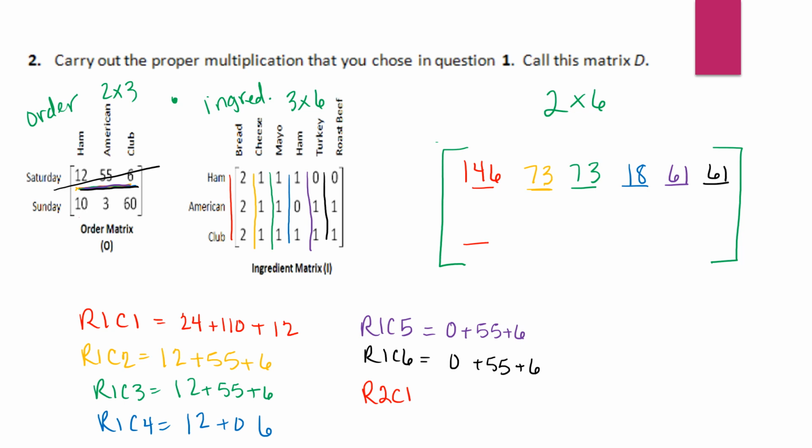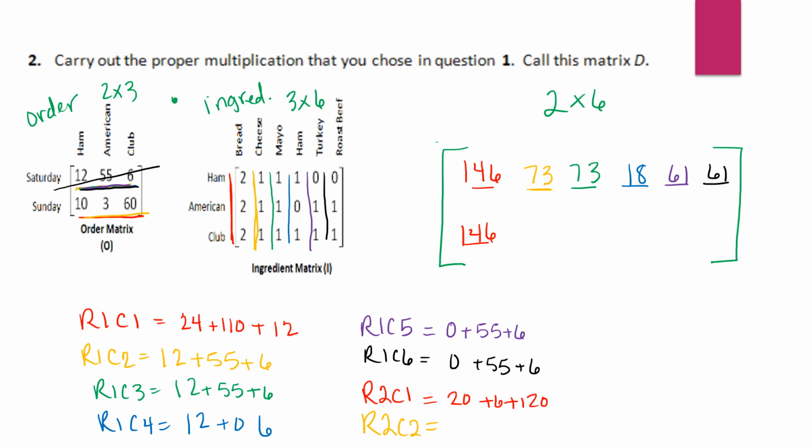So we're going to take 10, 3, and 60 and multiply it by 2, 2, and 2. So that would give us 20 plus 6 plus 120, which would be 146 again. All right, our next one is row 2, column 2.